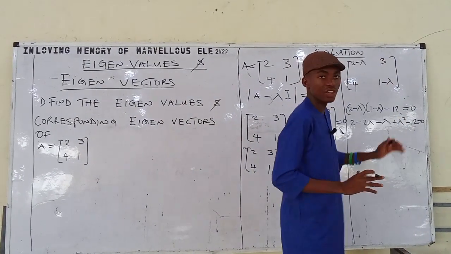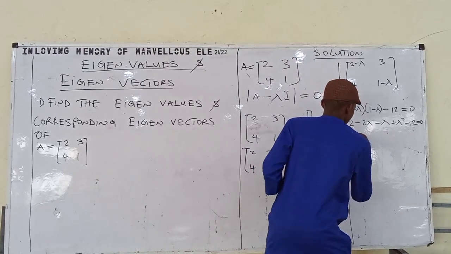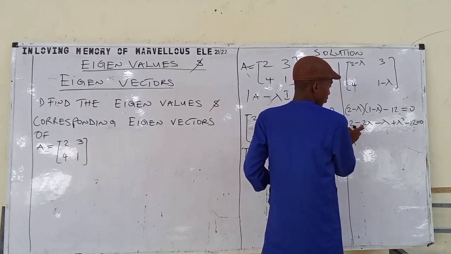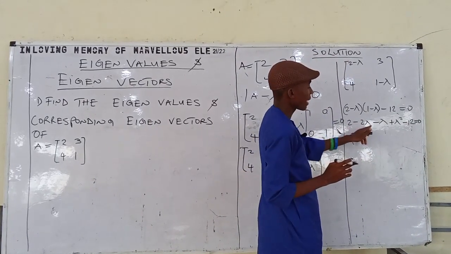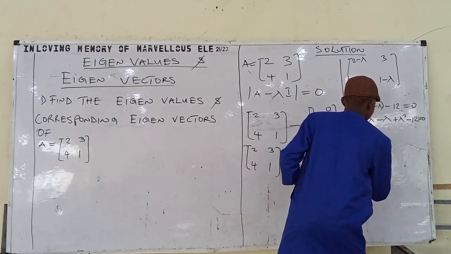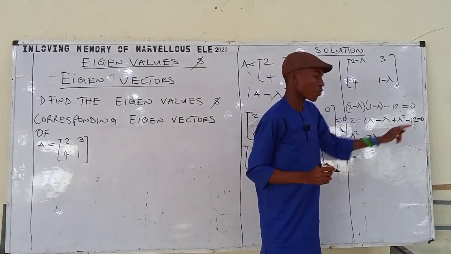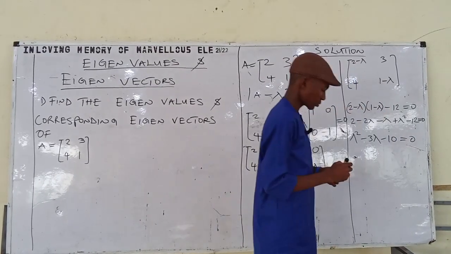Let's arrange this in quadratic form. So we have lambda squared, minus 2 lambda minus lambda is minus 3 lambda, 2 minus 12 is minus 10, equals 0.